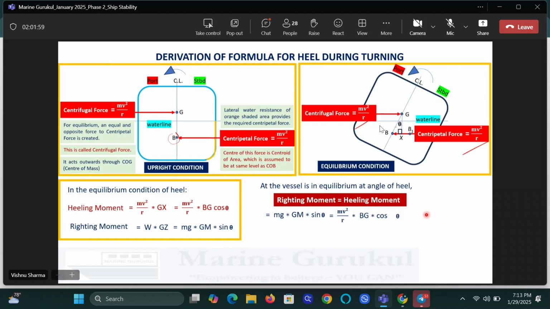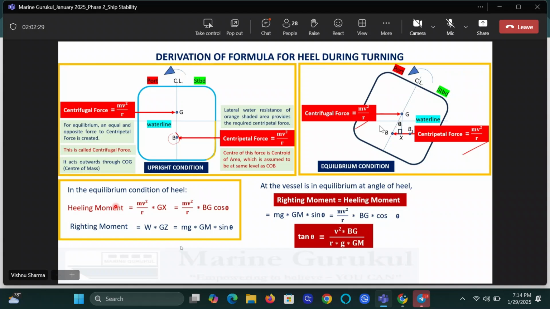And if you bring sine theta by cos theta, then tan theta on one side, m and m will cancel out, and take everything else onto the other side. Then you are left with v square BG upon r g into GM, with GM being the initial GM with GM fluid. This is the formula for heel during turning.